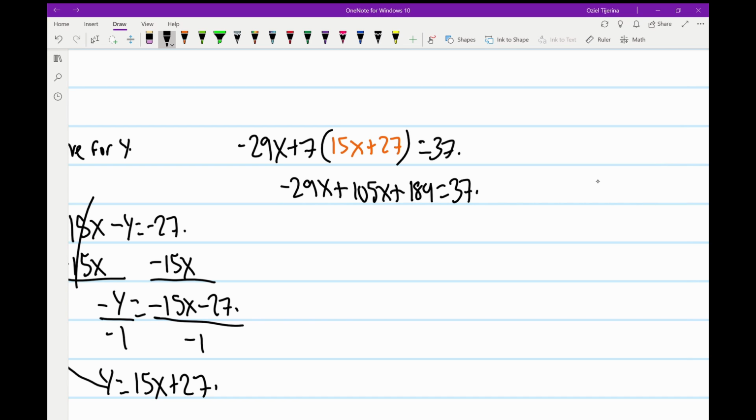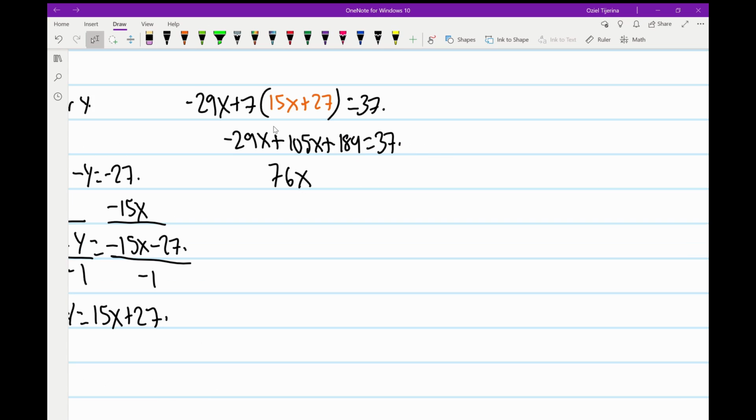And then we go ahead and simplify these two, so we get 105 minus 29 is 76. So you get 76x plus 189 equals 37. So then lastly, you want to solve this for x.